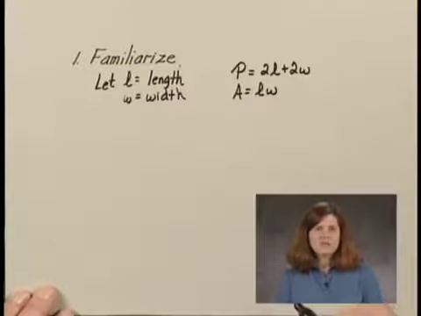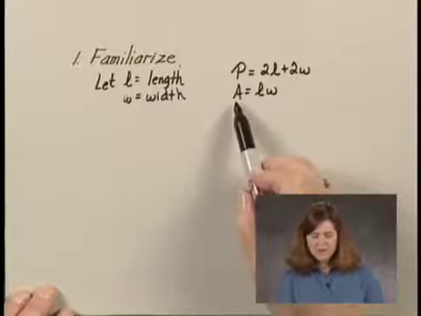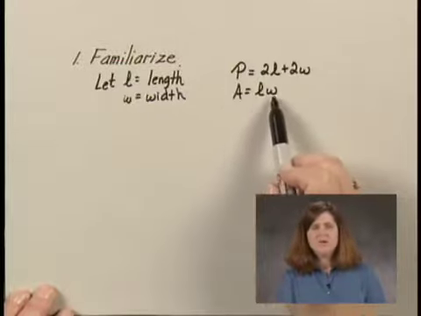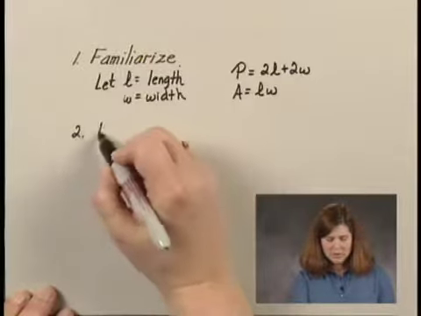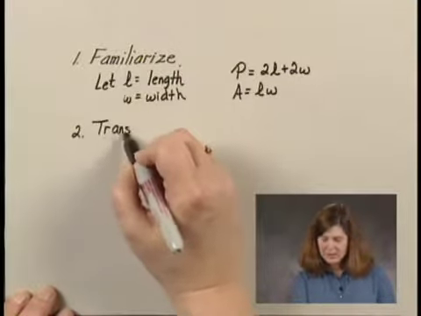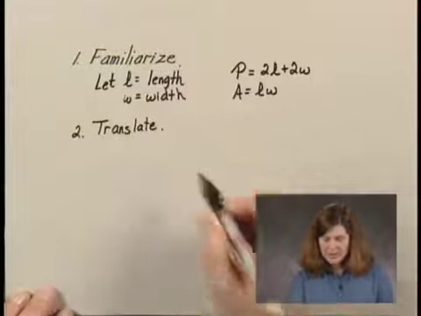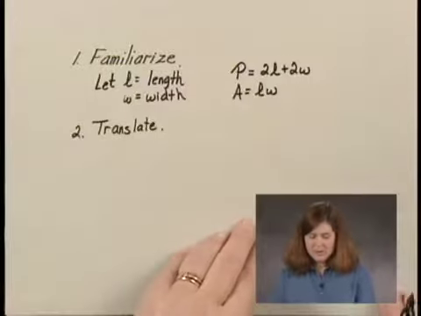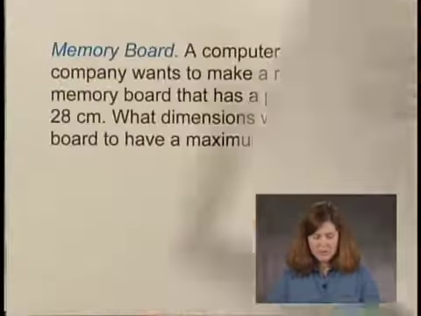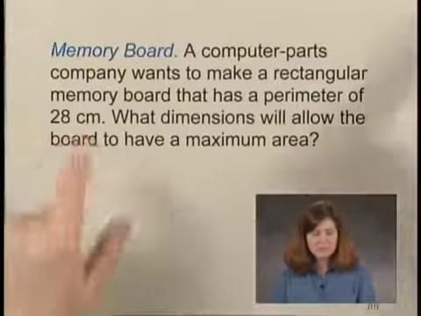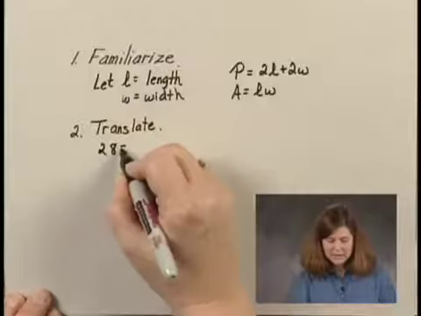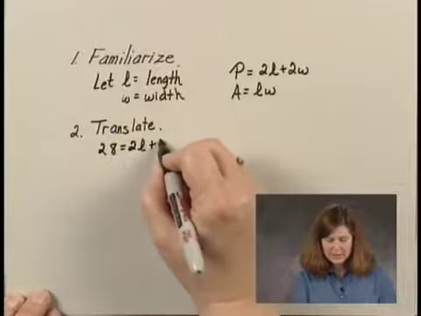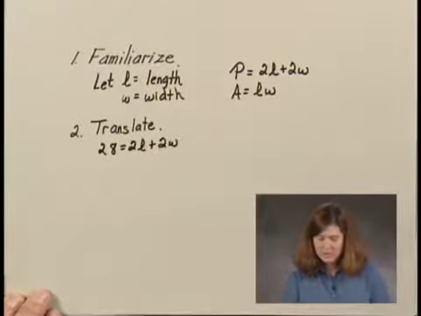In the translate step, we want to write the area using only one variable, not length times width. So we'll go to step 2, translate. And we know something about the perimeter of the memory board. It's 28 centimeters. So we can say that 28 is 2 times the length plus 2 times the width.